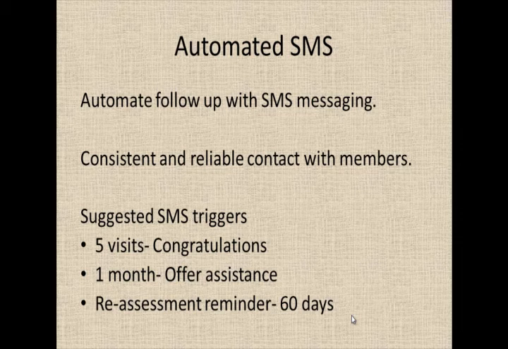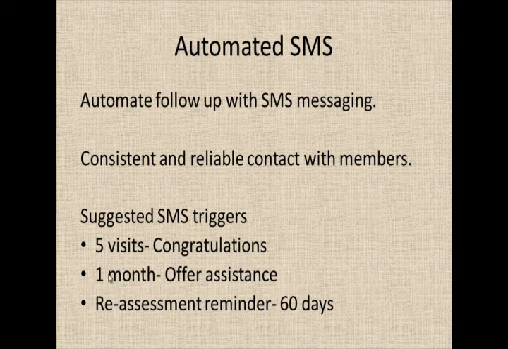So SMS is consistent and reliable contact with members. So we suggest setting up some certain triggers. Some examples might be a 5-visit SMS. So when a member reaches 5 visits, they get a congratulations message, rewarding and recognizing the member for the good behavior that they've been doing.